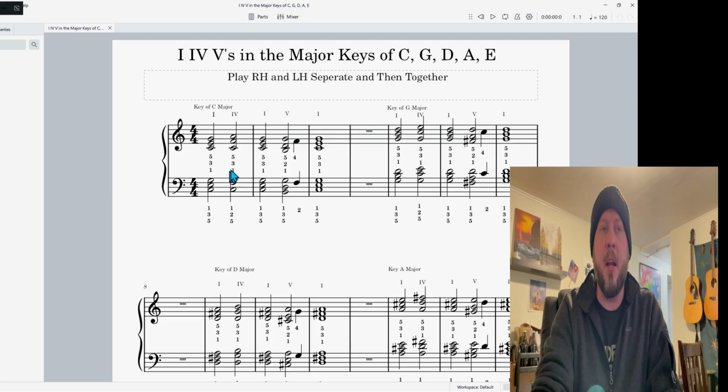This right here would be an F major chord, so you end up having the C, F, and the A, right? We go right back to a C major here, and that's going to be a 5-3-1, same as before. And then next up here is going to be the G major chord. We got the same finger as 5-3-1.